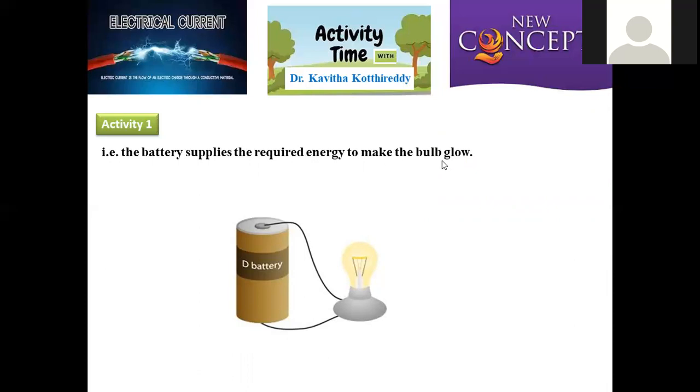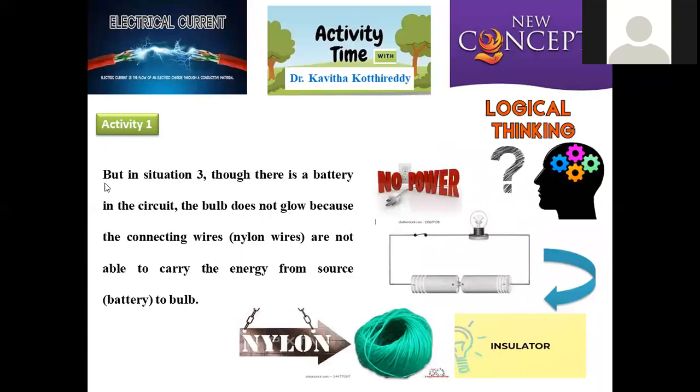The battery supplies the required energy to make the bulb glow, so when the wire is directly connected to the bulb, energy is supplied from the battery and bulb illumination is possible. But in situation number 3, though there is a battery in the circuit, the bulb does not glow because the connecting wires are not able to carry the energy from the source to the bulb. Whenever a battery is connected with nylon threads, what happens?